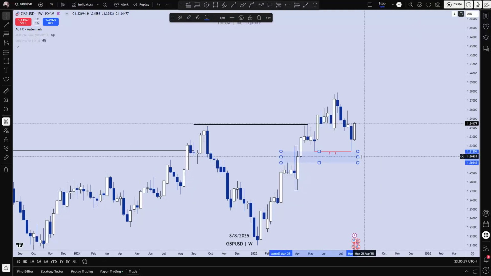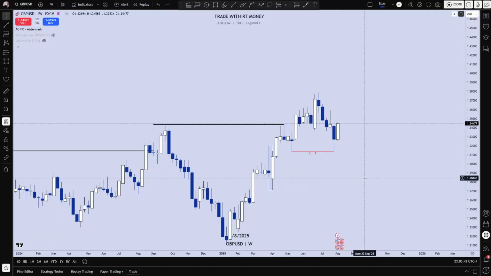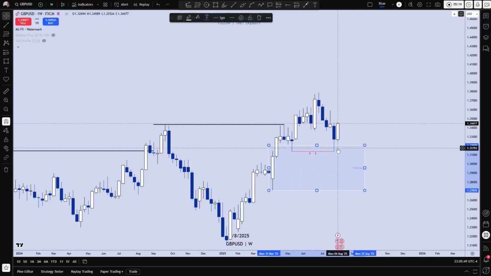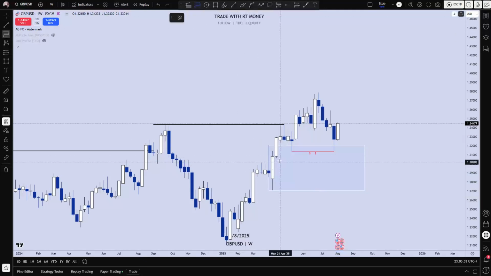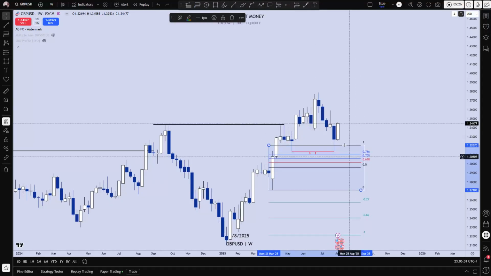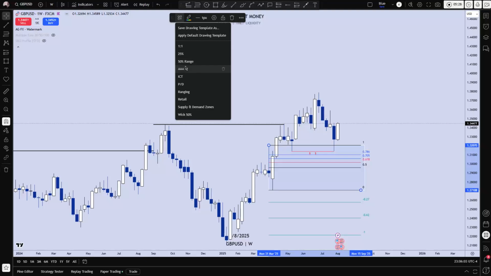I'm going to move this monthly fair value gap because we know that price is probably going to head down into this area, the sell to buy wicks. I'm going to divide it up into four quads here. Stick with me.